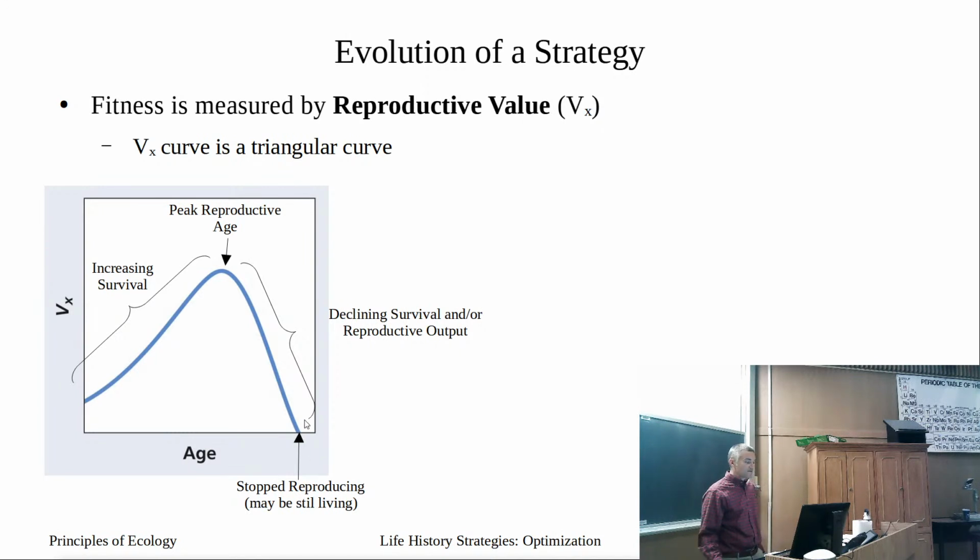So when we get down to zero, where our reproductive value is zero, it doesn't necessarily mean that we've died. Because yes, if we die, your reproductive value is zero. You can't contribute any more to our population. But it doesn't have to mean that we've died. It may be that we've just stopped reproducing. Maybe still living.